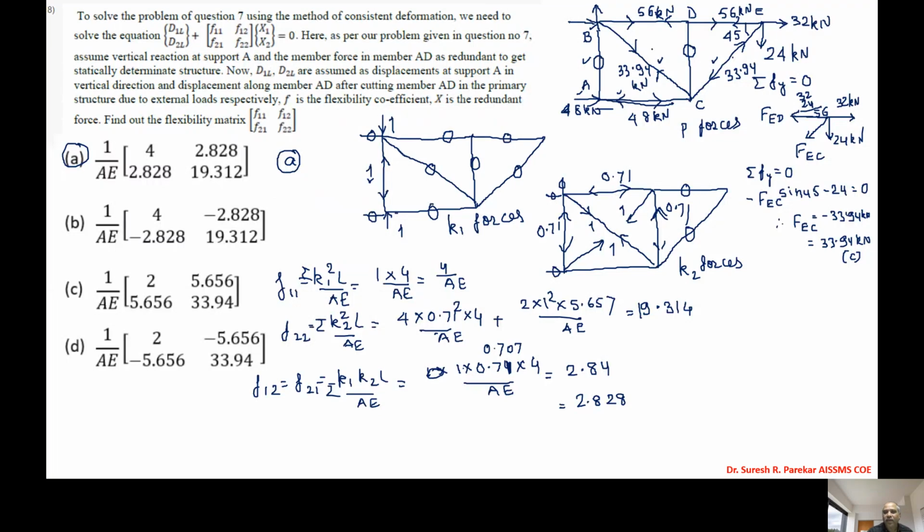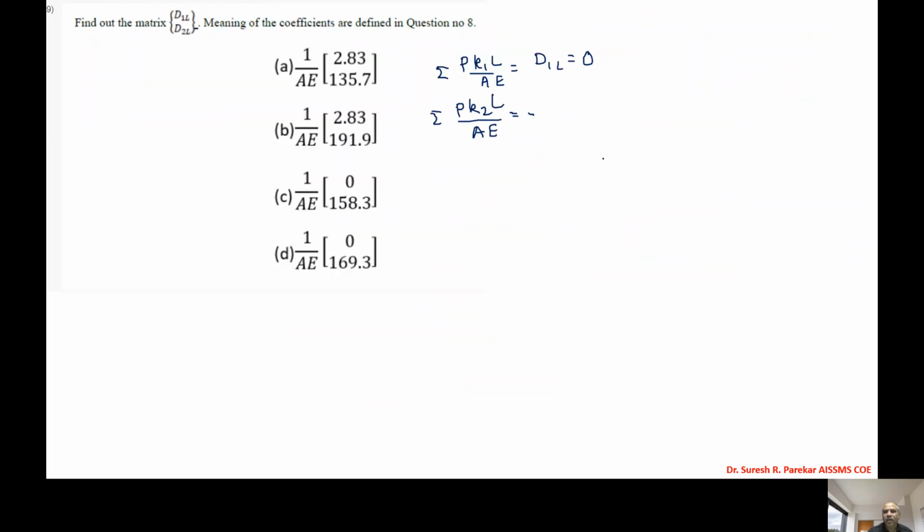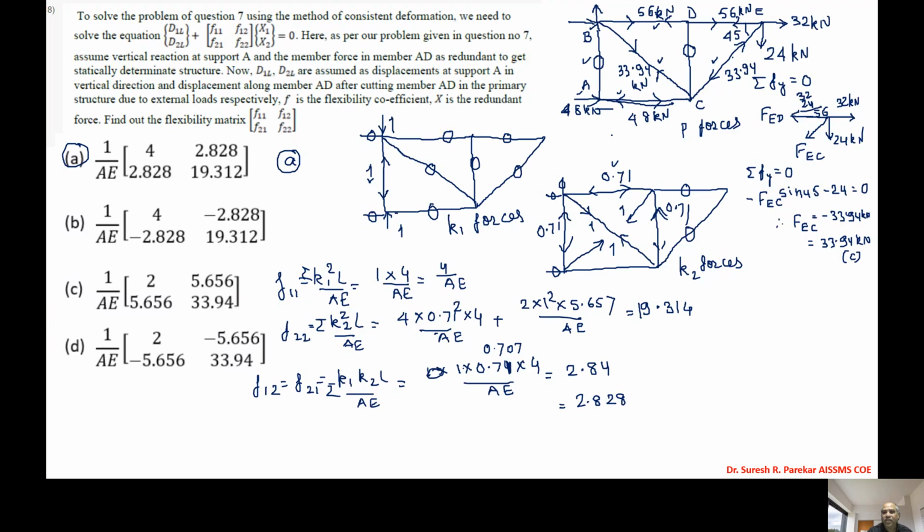So 56 we have tension, 0.71 we have compression, so minus 56 into 0.71 and length we have 4 upon AE. Then we have next 33.94, which is diagonal tensile.